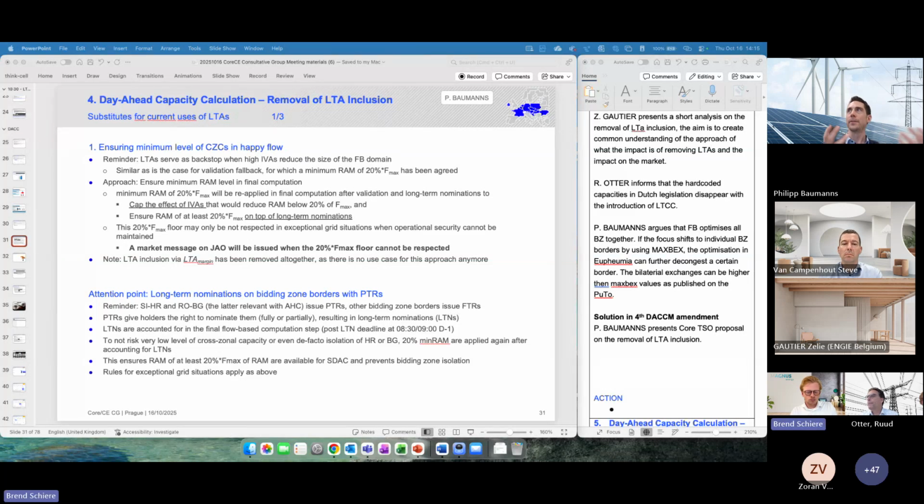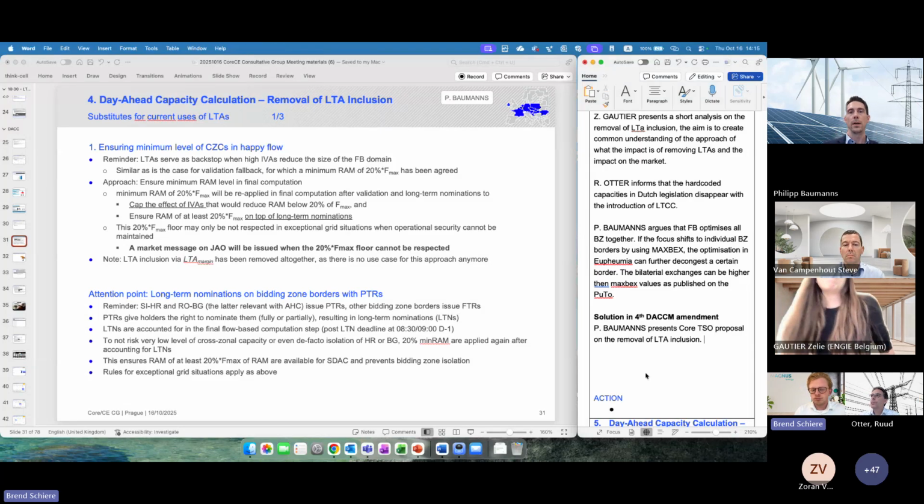Still, TSOs have the right to validate, and there might be exceptional grid situations to go below those 20%. It would be something similar to the LTA curtailment that is possible today, and we don't expect this to happen often. But we cannot write a method where it is prohibited to go below that.